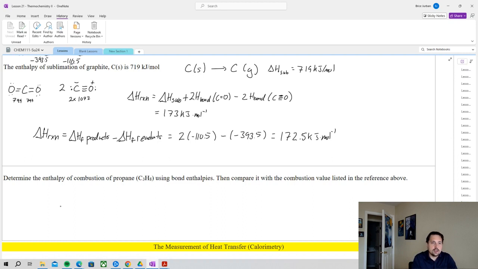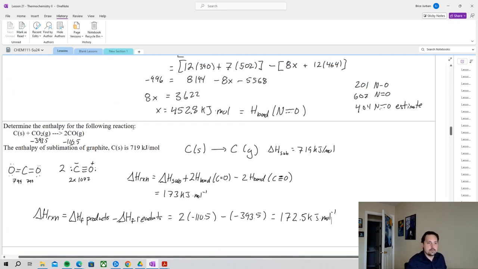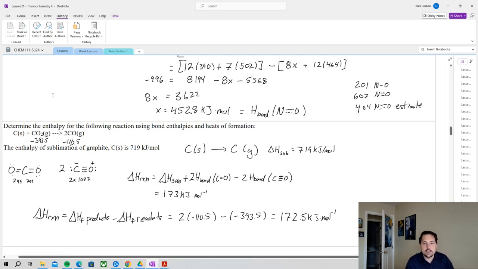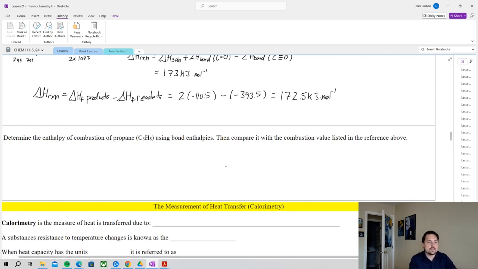Okay, so heats of formation, enthalpies of formation, the same thing. Okay, so first off, we're going to need to write the combustion reaction. So C3H8 plus oxygen.